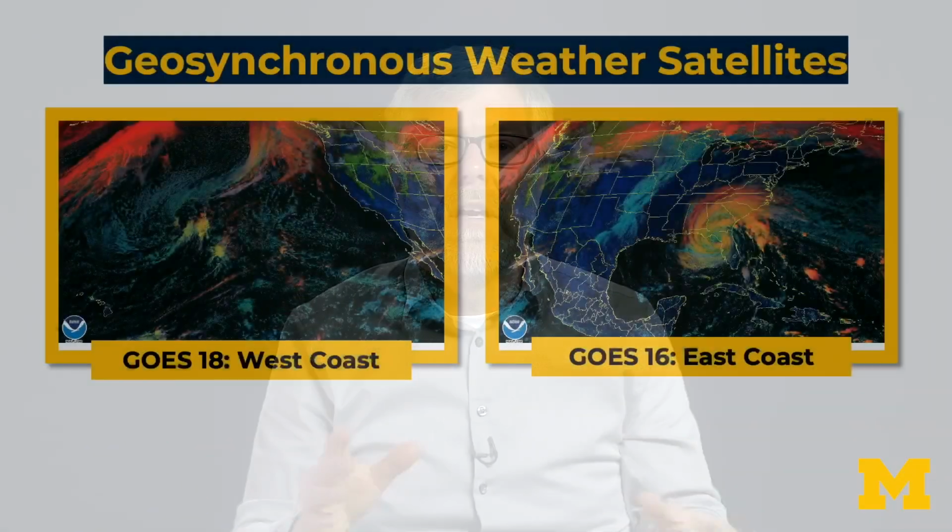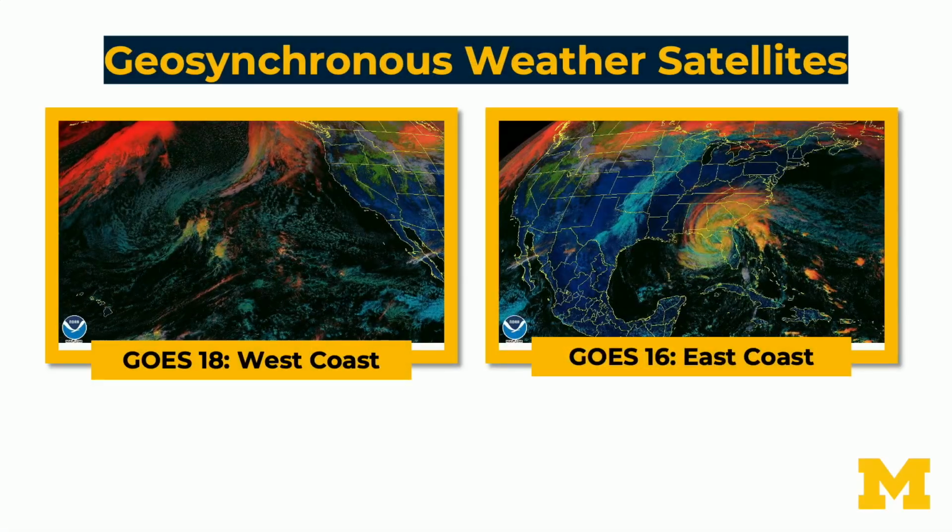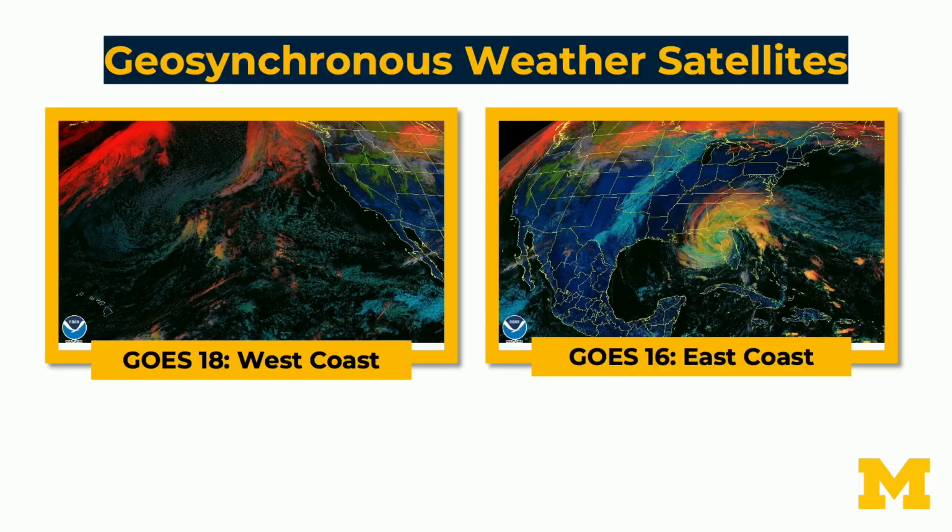Now, these satellites are very useful because they're pretty far away from the Earth, and you can put a camera in there that can see a large swath of the Earth, a big chunk of the Earth. And so we put these weather satellites at geosynchronous orbit, and they take pictures of the Earth.